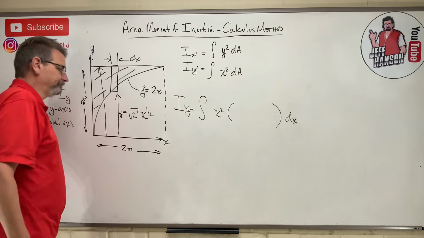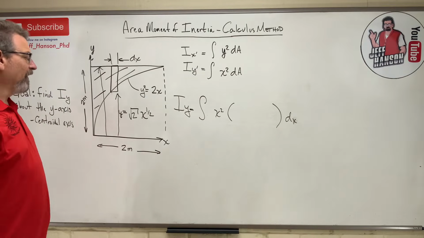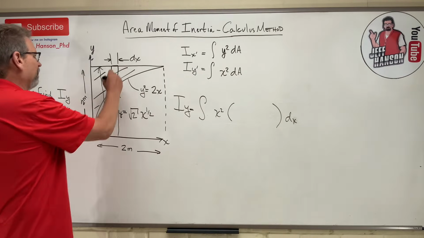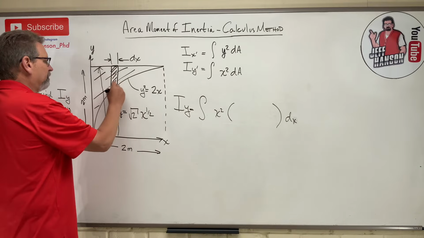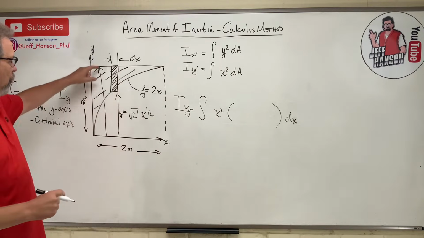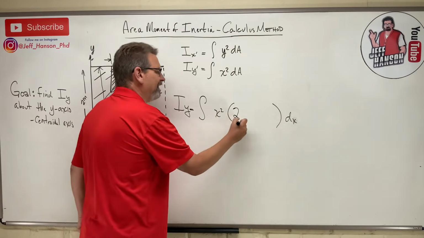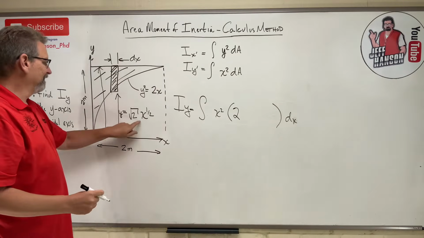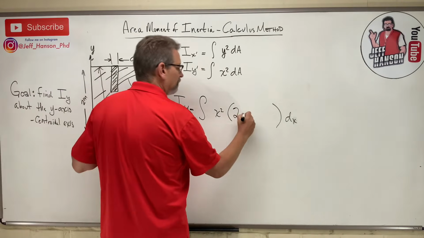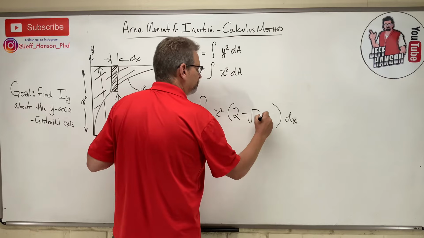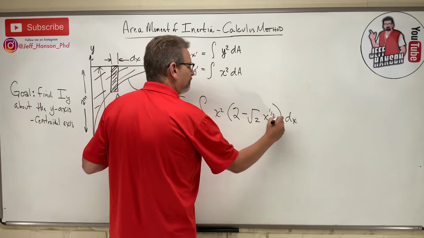So the height of that one little strip is 2, the whole height, minus this bit down here, root 2 x to the 1/2.